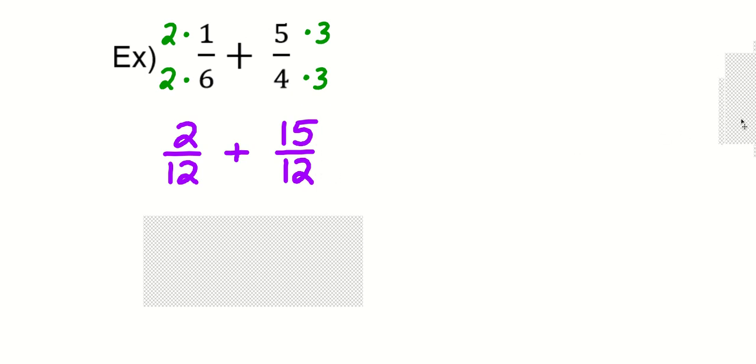This is one little teeny tiny example of what I referred to in the last lesson: if you are super comfortable with your times table facts, if you're really good with your mental math, making these decisions, what can I multiply to 6 and 4 to make them match, will come way easier to you.